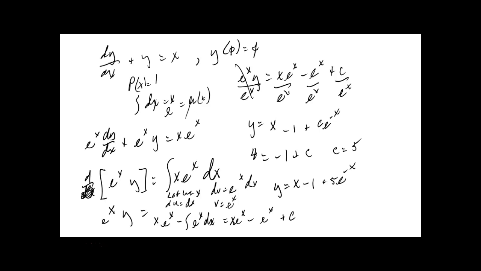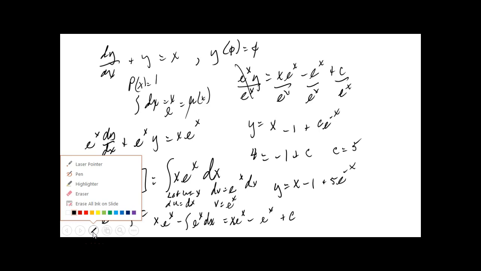Want to try to go for 6. Another initial value problem. All right. Solve this one. dy/dx plus y is equal to f of x. Initial value, when x equals 0, y is equal to 0.